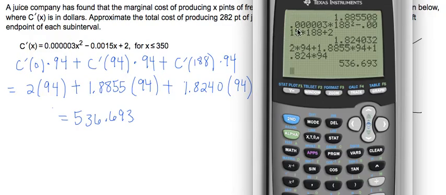So 0.0000003 times 188 squared minus 0.0015 times 188 plus 2, that looks correct.